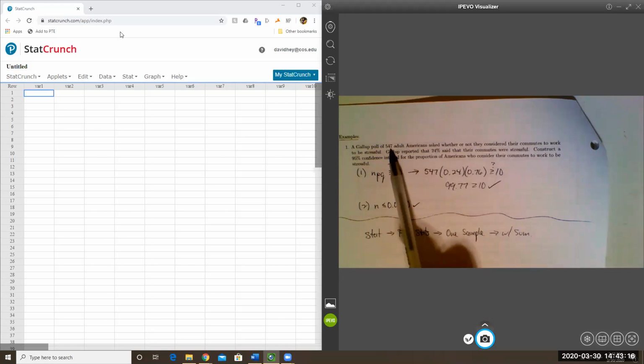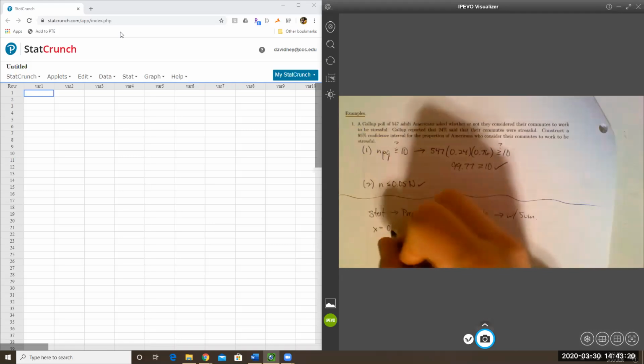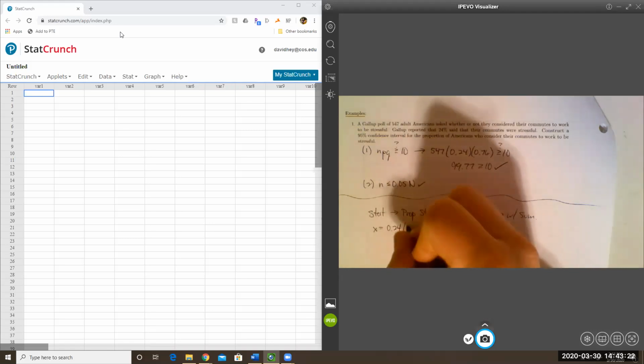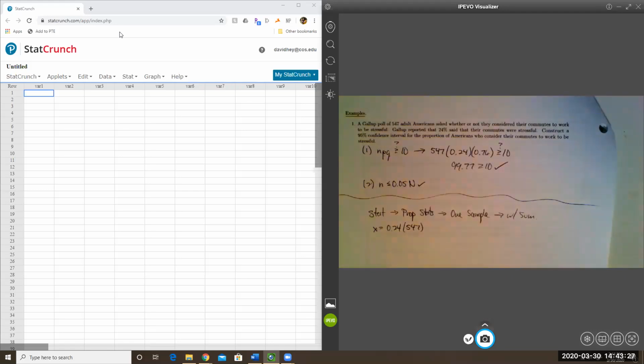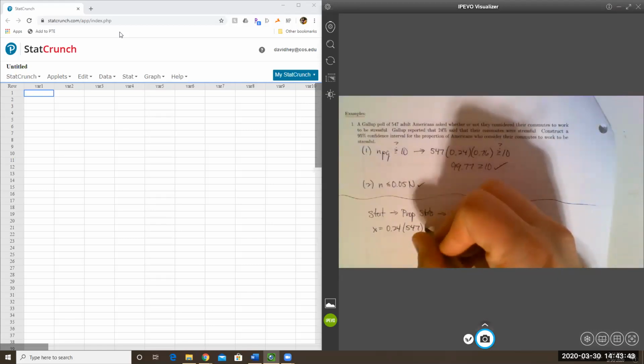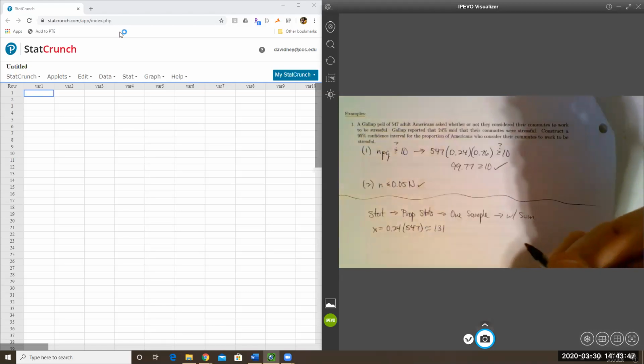So to get x, the number of successes was 24% of 547. So let me see how much that is. 0.24 times 547 is about 131. So I'm going to say x is 131.